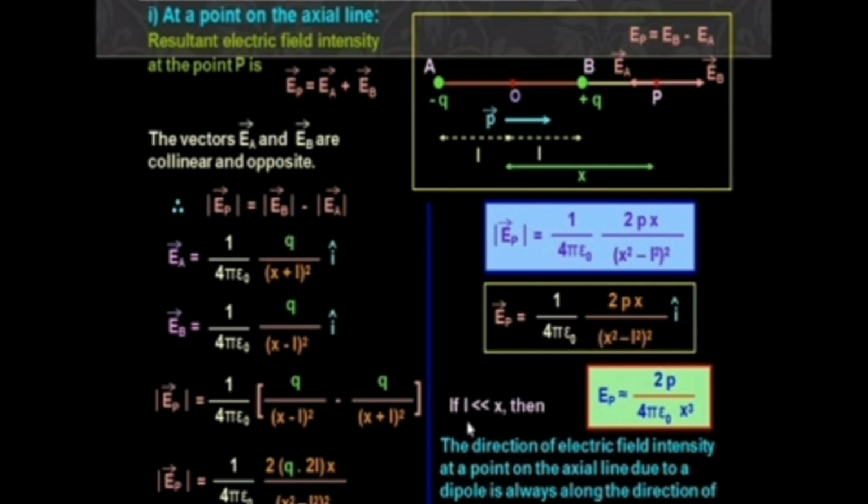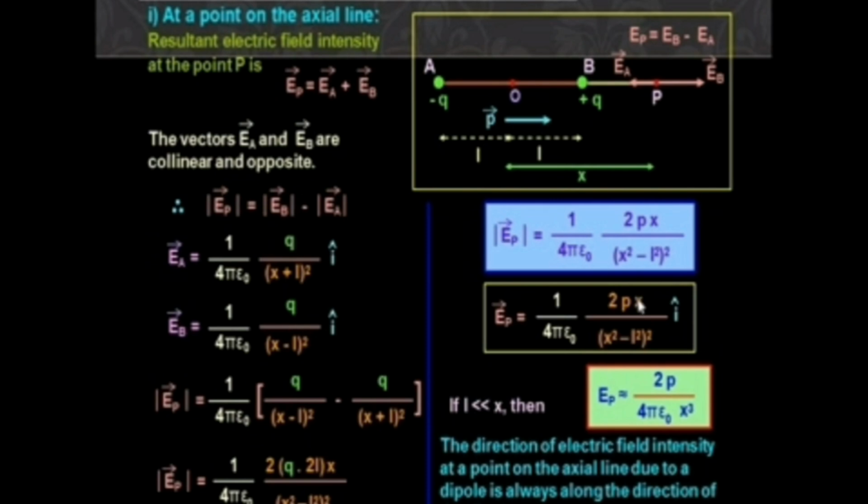In this condition, you can consider that L is very much smaller than X. X can be taken as any distance from the center point, and L is the distance between the positive and negative charges, which is very, very small. Neglecting that value, (X square) whole square becomes X power 4.